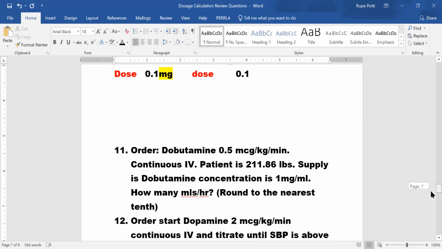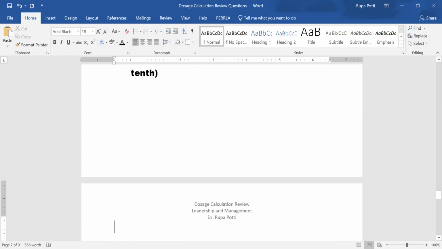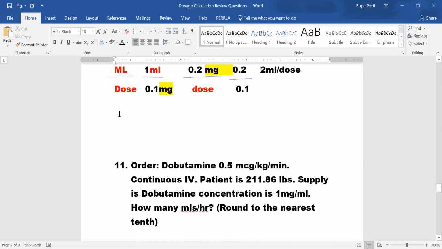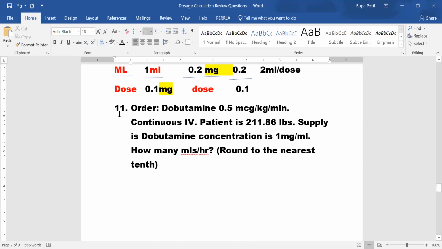So we will also look at some of the other problems now. This is critical care medications, and this is where I see students really taking time, because obviously these are critical care medications, right? So the calculation is also going to be very critical.